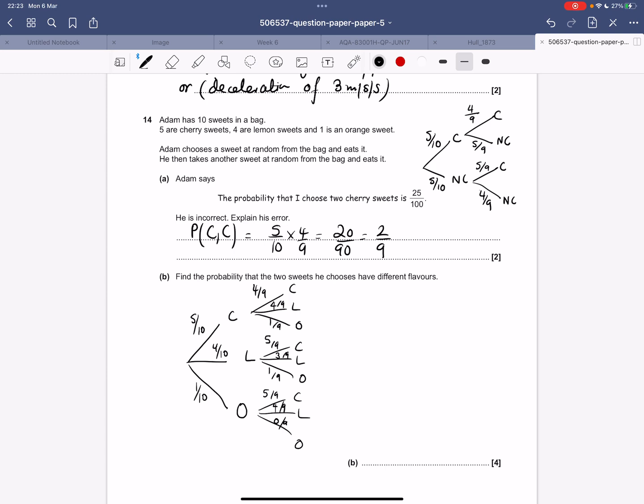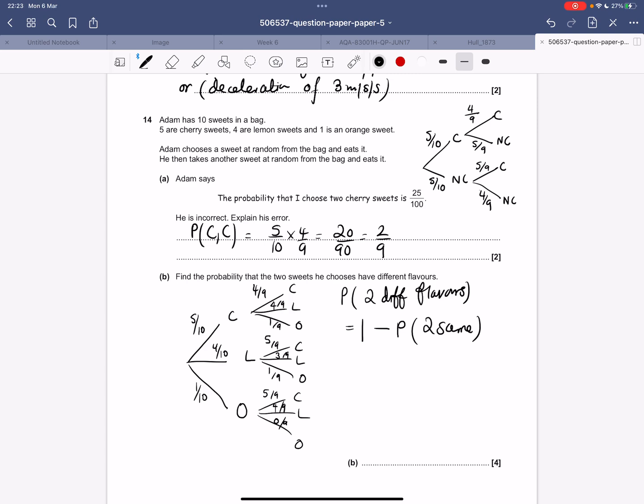Okay, so there's quite a lot of sums to do on here. So what we can actually use is, we can say the probability of different flavours is 1 minus the probability that he gets 2 the same.